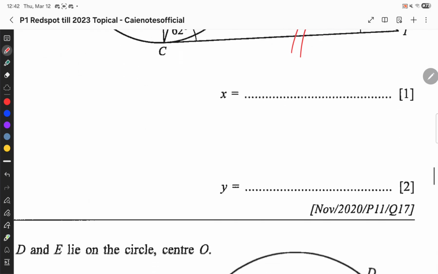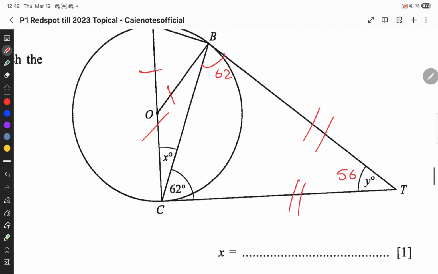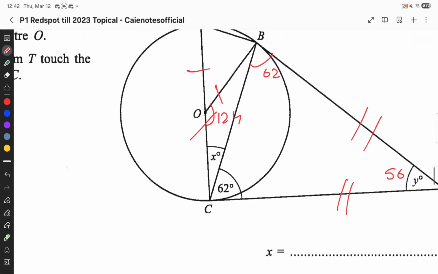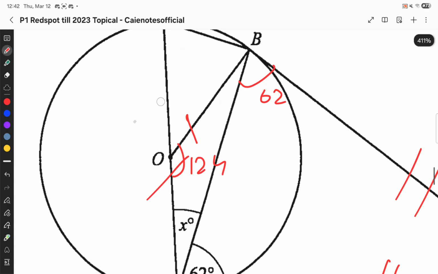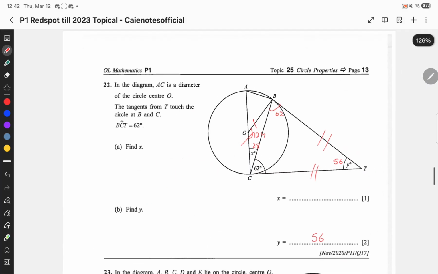This is angle of y, 56. Then we do 180 minus 56, which is 124. 124, this is the isosceles, so we do 180 minus 124 divided by 2, this is 28, and that is our final answer.